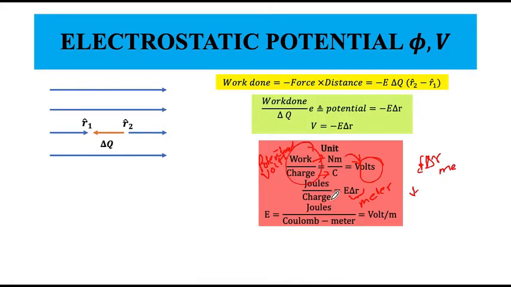But potential is defined as work done per charge, per coulomb, right? So joule per coulomb, I can replace by volts. That gives me electric field E measured in units of volts per meter. Okay, this is where the unit of electric field comes from: volts per meter.